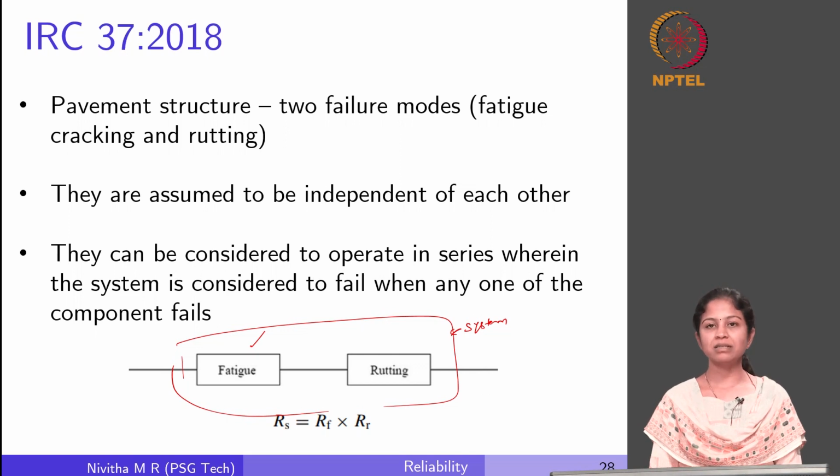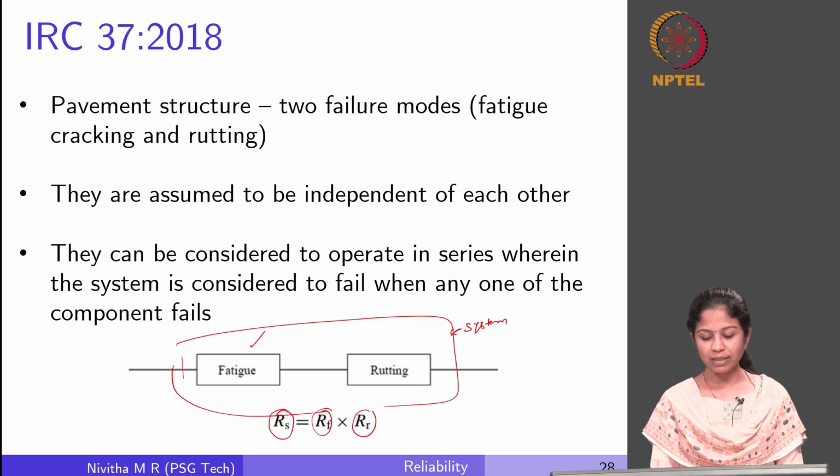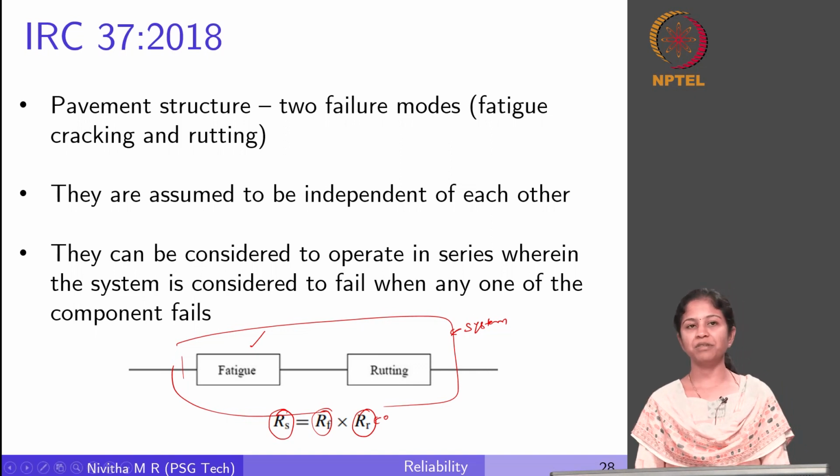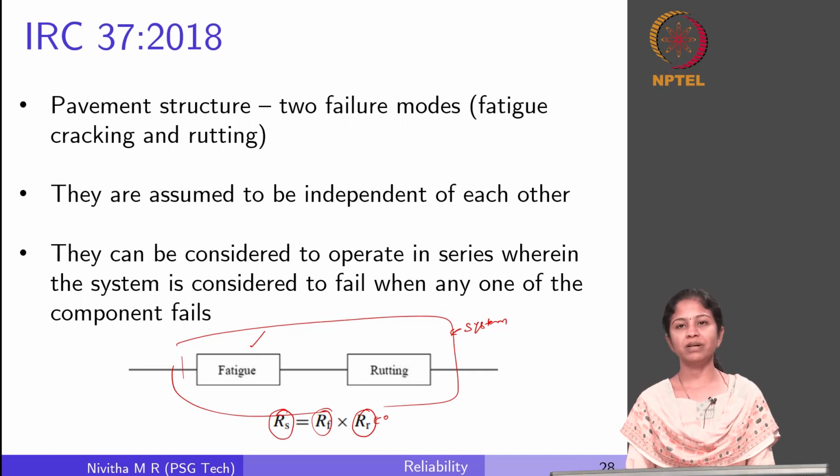When one of these distresses happens, then it is said that the pavement has failed. So, the total reliability of the system is given as the reliability of fatigue cracking times the reliability of rutting, so that if one becomes 0, then the reliability of the system will become 0. This is one assumption based on which the reliability for the IRC 37 design procedure can be specified.